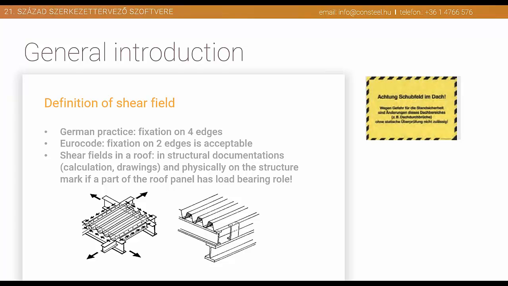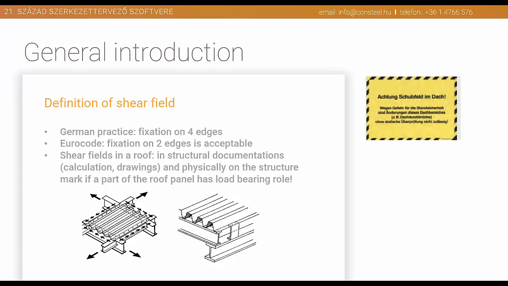Now, connection, if we look at the supports perpendicular to the load-bearing direction, it's obvious that they are connected to those beams. So in case of a purlin system, of course, the trapezoid decking is connected to each row of purlin.